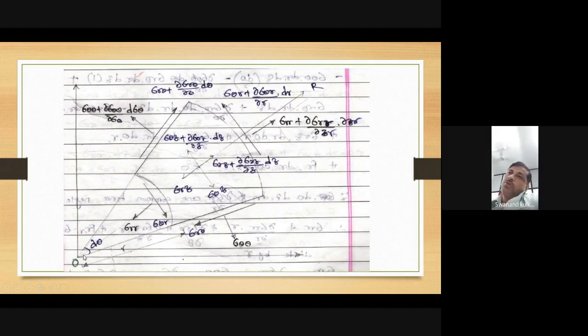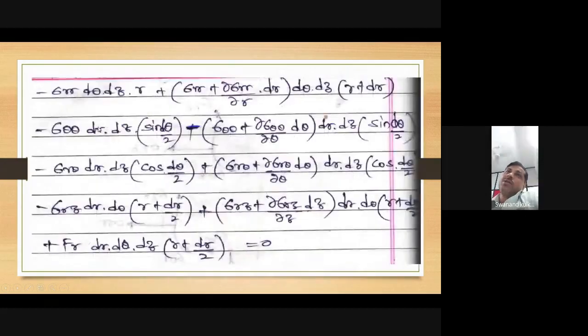Is it okay? OR is moving along R, but sigma RR is opposite to that. And as sigma RR is opposite to that direction, that will be considered negative. So sigma RR here we are considering negative. First of all understand this: sigma RR is considered negative. So that's why minus sigma RR.